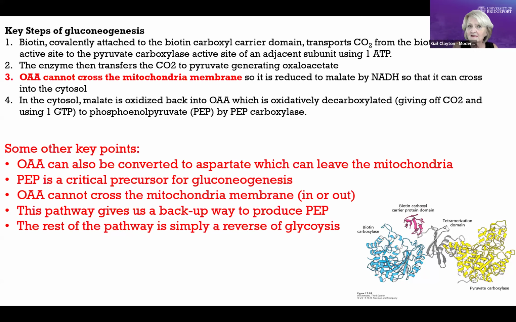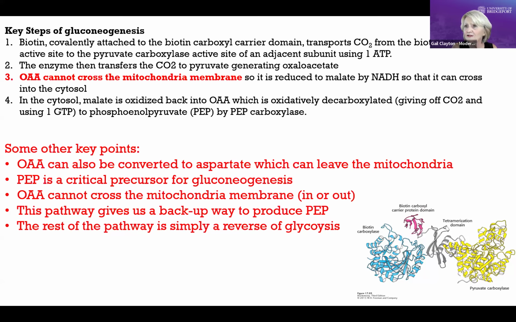And then in the cytosol, malate is oxidized back into oxaloacetate, which is then oxidatively decarboxylated, giving off CO2 and using one high energy GTP, and it's turned into PEP. So remember these key points.